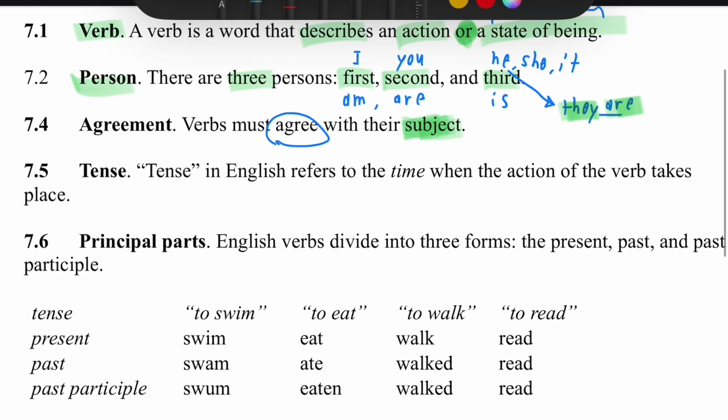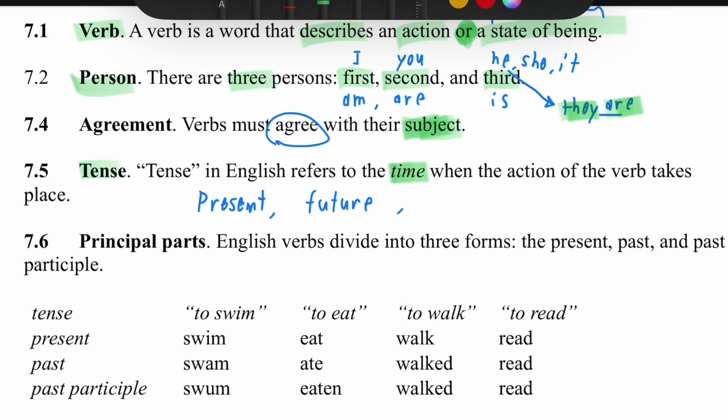So what about tense? Section 7.5 talks about English tense. And in English, tense refers to the time when the action of the verb takes place. So we have three main tenses that we're pretty familiar with. We have the present tense. We have the future tense.